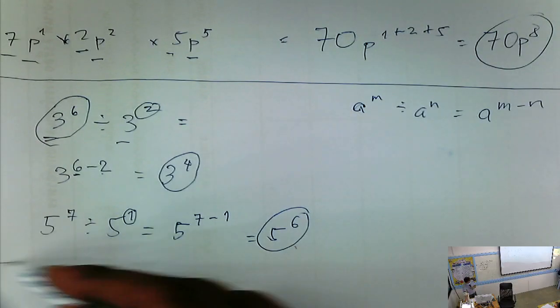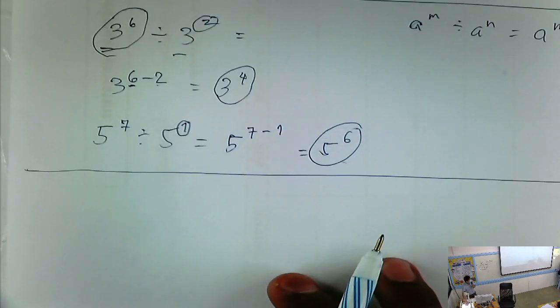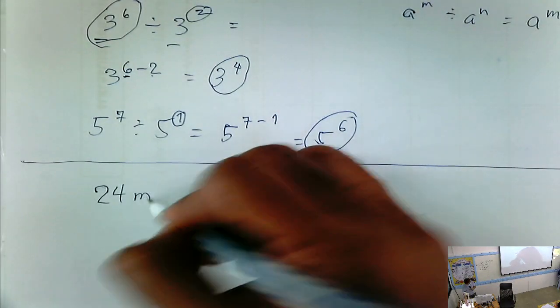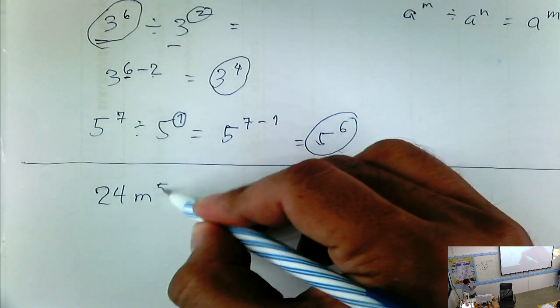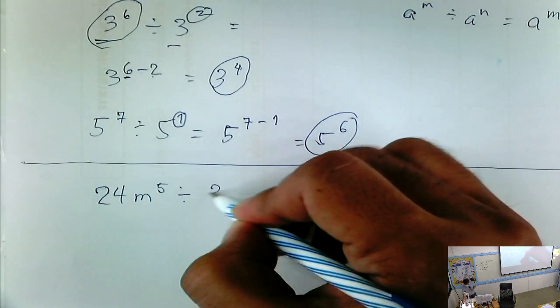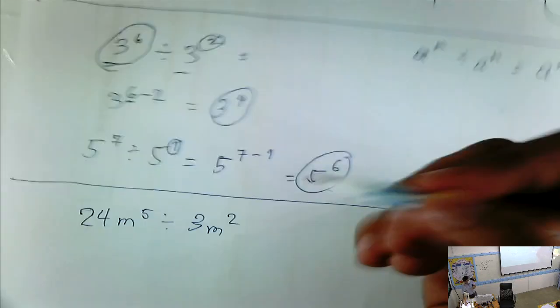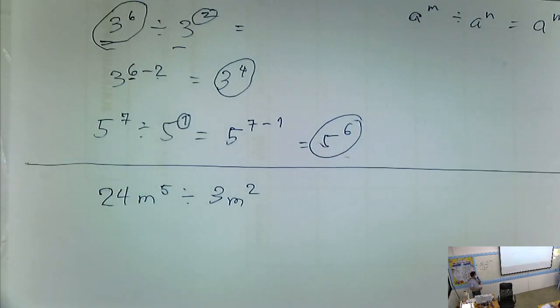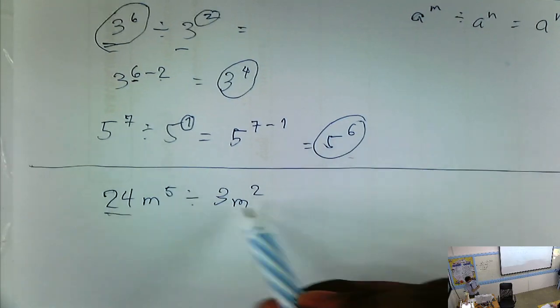Okay? Now, let us have this example. 24m to the power of 5 divided by 3m to the power of 2. What do you think is the answer? Just like what we did earlier, simplify the coefficient first.